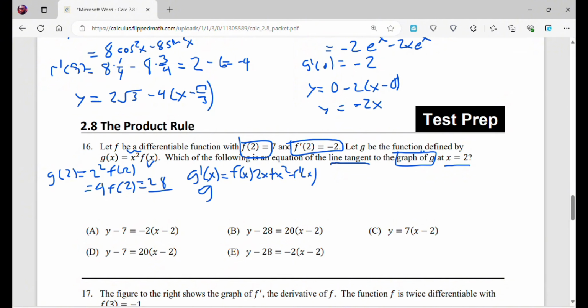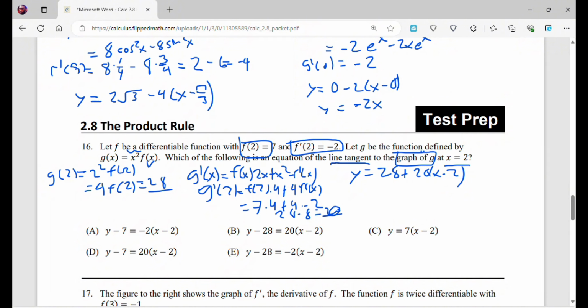So g prime of 2 equals f of 2 times 4 plus 4 f prime of 2. f of 2 is 7 times 4, plus 4 times f prime, which is negative 2. 28 minus 8 equals 20. So that is our slope. So y equals y1 plus slope times x minus 2.